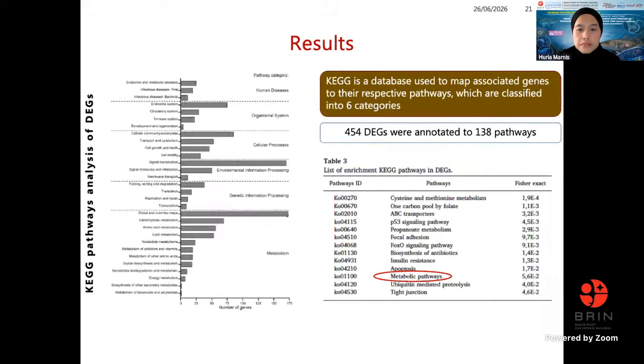And then for KEGG analysis or KEGG pathway, we got around 454 DAGs annotated to 168 pathways.